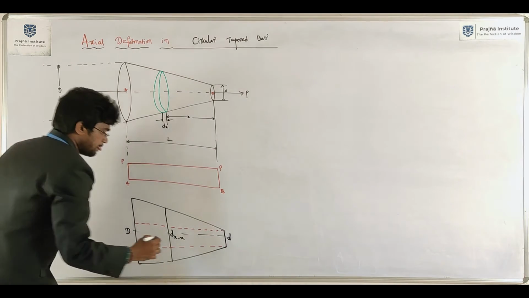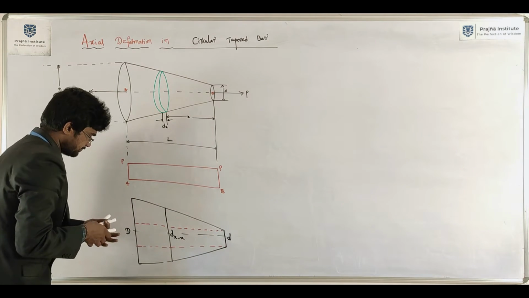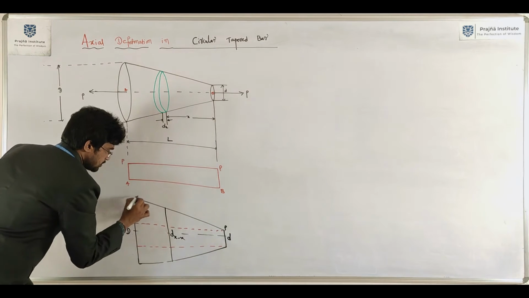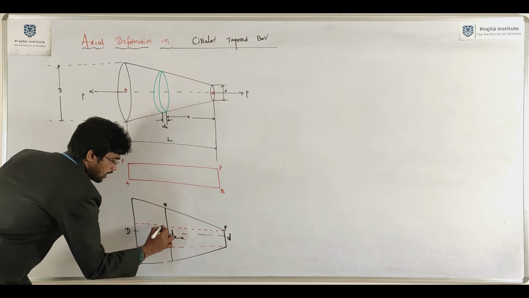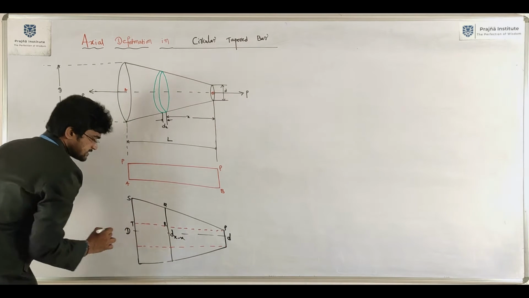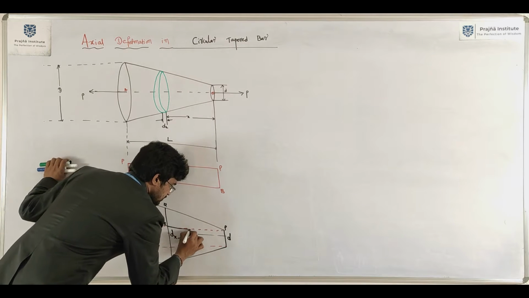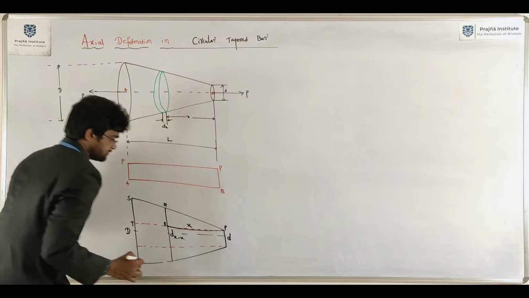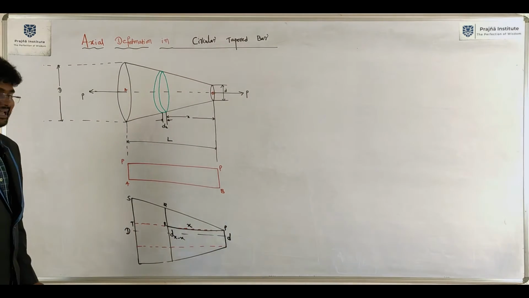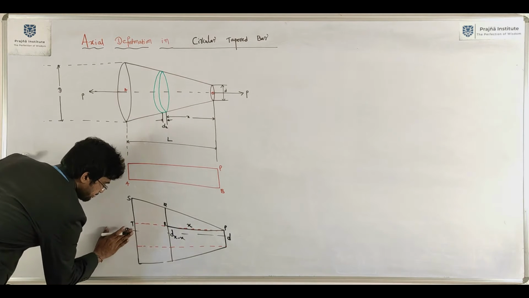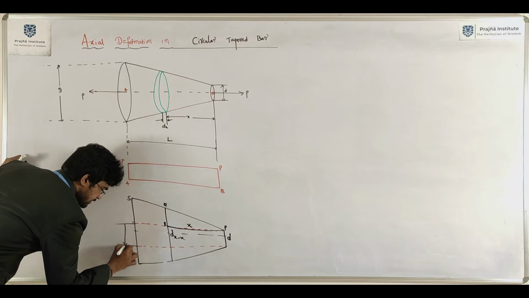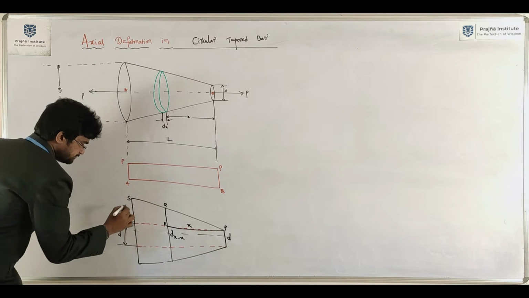Okay, so from here to here you can take P, Q, R, S, T. From here to here it is x. From here to here it will be L. From here to here it will be small d.